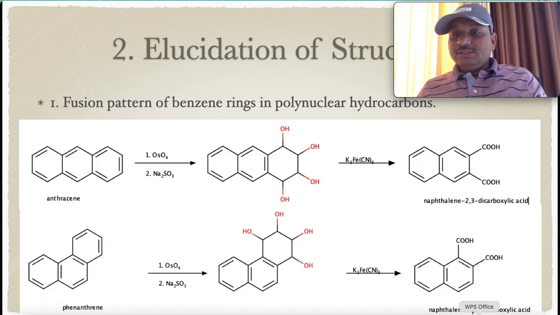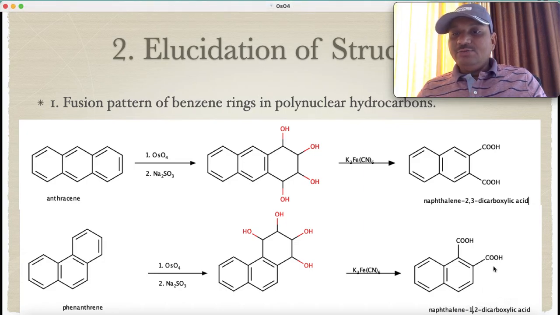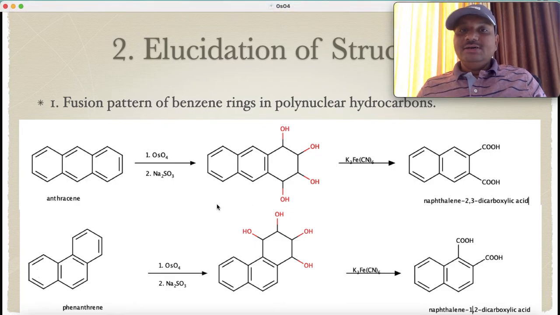The product has carboxylic acid groups at carbon numbers 1 and 2, which means the benzene ring is fused at positions 1 and 2 of the naphthalene ring. It means that in phenanthrene, the benzene ring is fused with the naphthalene in a non-linear manner. Okay, this is the first.